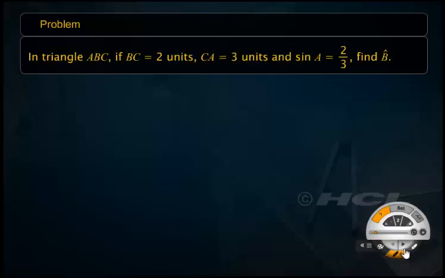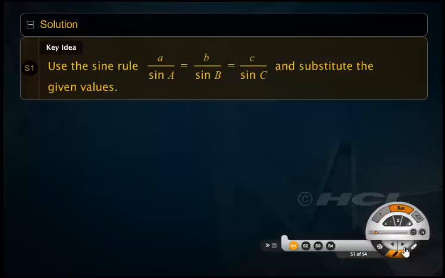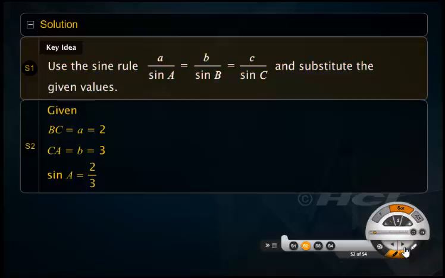In triangle ABC, if BC is equal to 2 units, CA is equal to 3 units, and sine A is equal to 2 over 3, find the measure of angle B. The key to solve this question is to use the sine rule in a triangle and substitute the given values and simplify. It is given that BC is equal to 2 units, CA is equal to 3 units, and sine A is equal to 2 over 3.